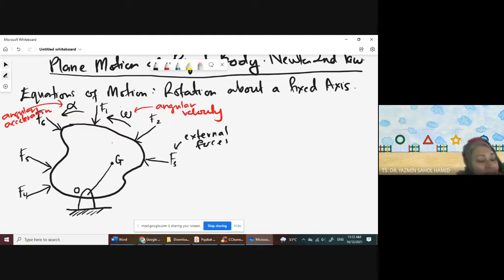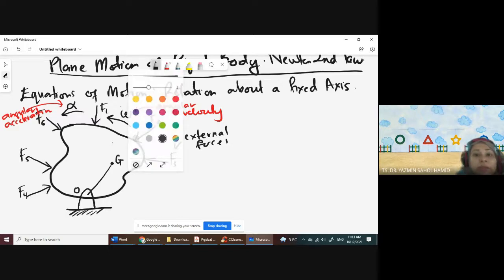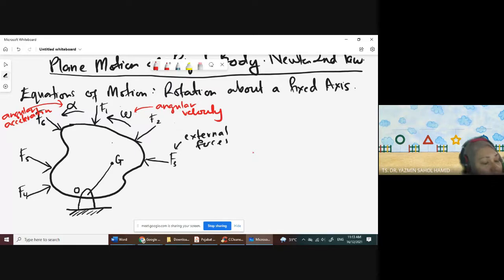Because as you can see, this body has a center of mass G that moves around a circular path. So the acceleration of this point is best described by the tangential and normal components. What do you think the one I'm drawing here is, AGN or AGT?